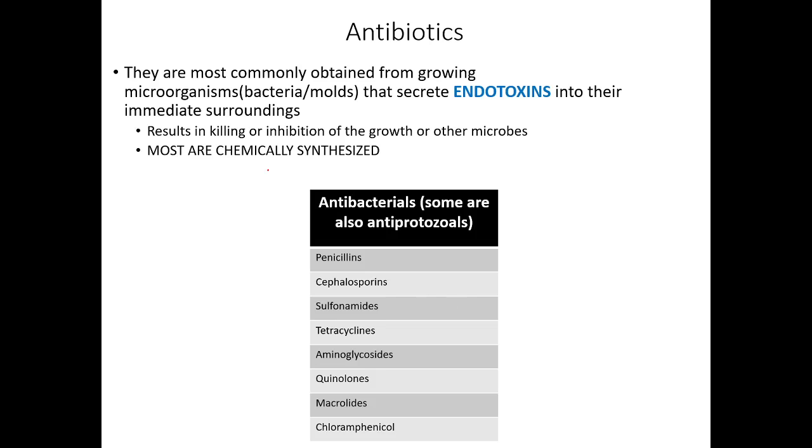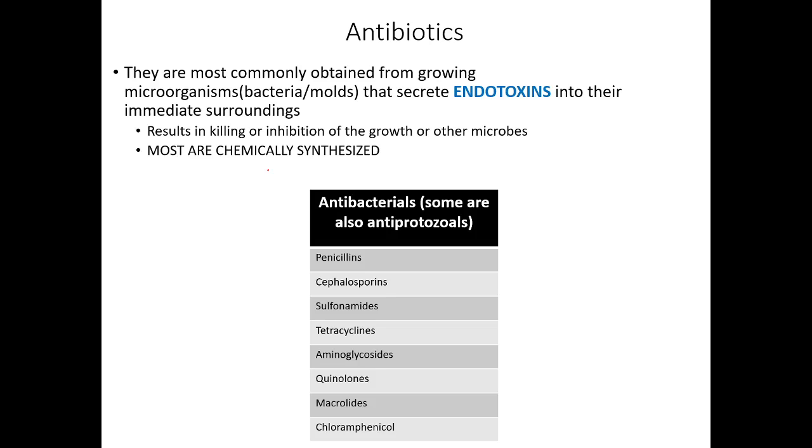Antibiotics are most commonly obtained from growing microorganisms like bacteria or molds. These bacteria or molds will secrete endotoxins into their immediate surroundings to kill or inhibit the growth of other microbes.